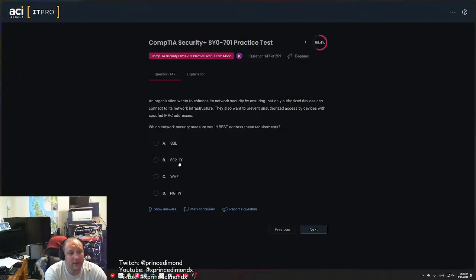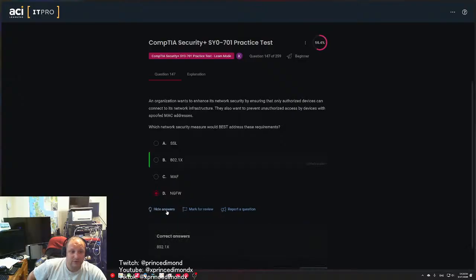I'm fighting with myself here, but the next-gen firewall is going to be able to do all layers of the OSI model, whereas a WAF or 802.1x doesn't really touch that. 802.1x is an authentication protocol for, yeah. So let's show the answers. Son of a bitch!